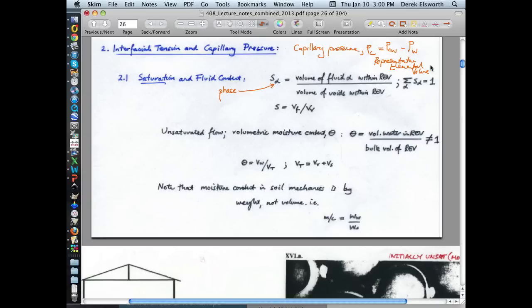So you take a porous medium that has enough pores in it that's representative of your aquifer, and that's your volume. You look at the proportion of the pores that are filled with one fluid relative to the volume of those pores, and that percentage, usually written as a decimal, is the saturation of that. So it's the volume of fluids versus the volume of voids.